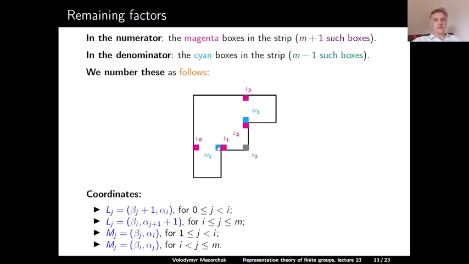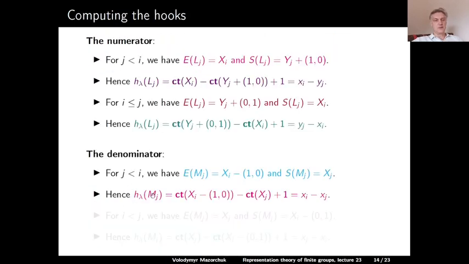So the east end of mj is the box which is next to the left of xi, and the south end of mj is exactly xj. Therefore, the hook length for such mj is the content of xi minus 1, 0 minus the content of xj plus 1. So here we have the contribution of minus 1, it cancels this contribution of plus 1, and we get xi minus xj.